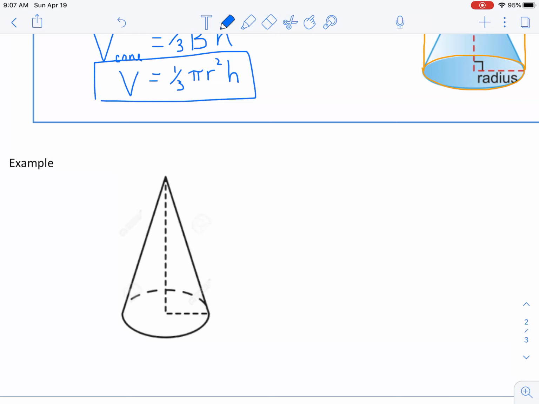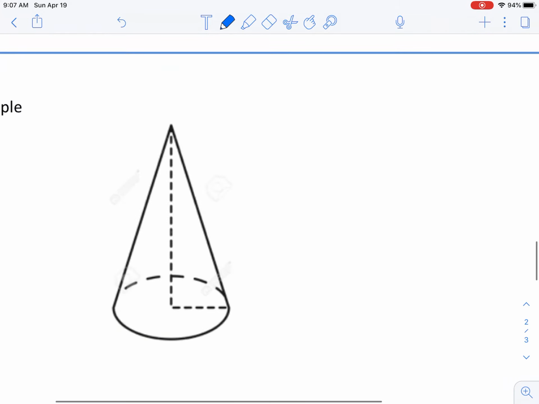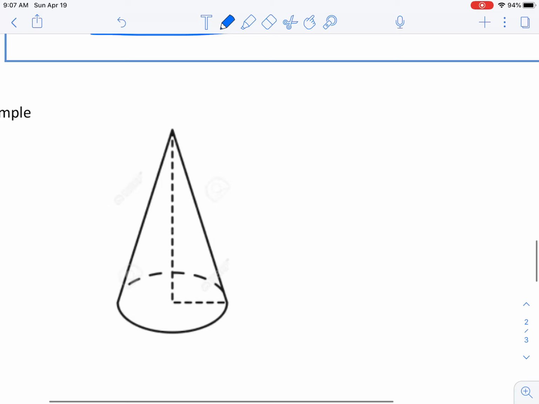So I'm going to go through one example and then I'll give you guys 2 examples to do. And for this one, I'm just going to change it up for you a little bit. I'm not going to make it as easy as I could. I'm going to say that the slant height of this cone is 13 inches.